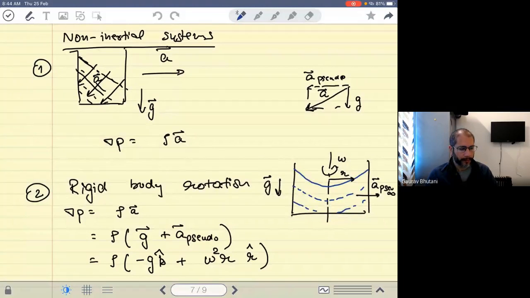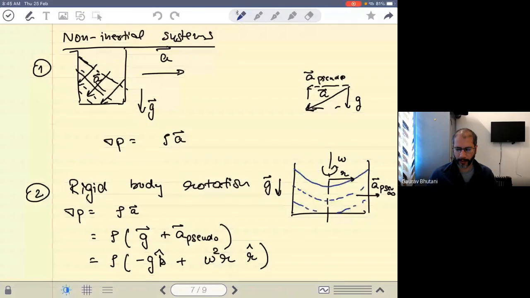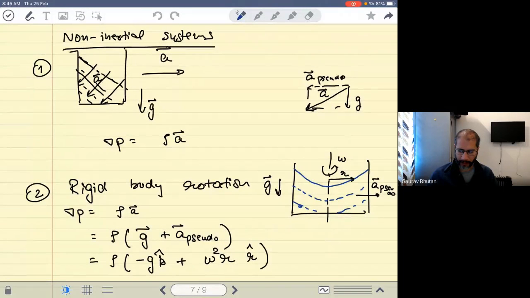Okay. And remember, the pressure is decreasing as you go downwards. So if I call this pressure P3, this P2 and this P1, then P3 is greater than P2 is greater than P1.